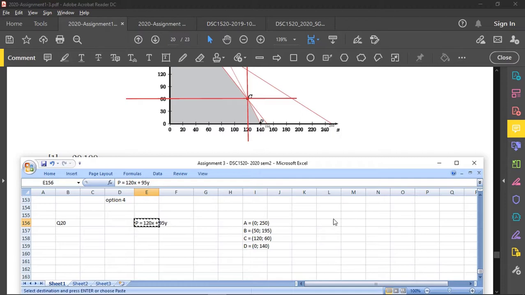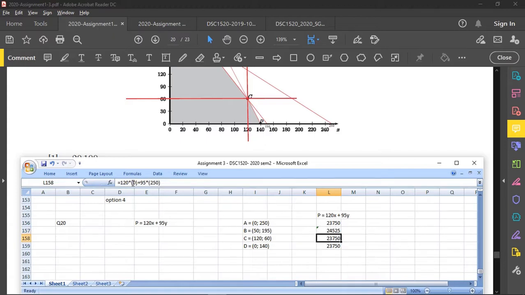All right, so what is P going to be? P is going to be 120 times 0 plus 95 times 250, close brackets, enter. Okay, there's the one figure. Then I need to replace the other ones. So this one will be 50 and 195.